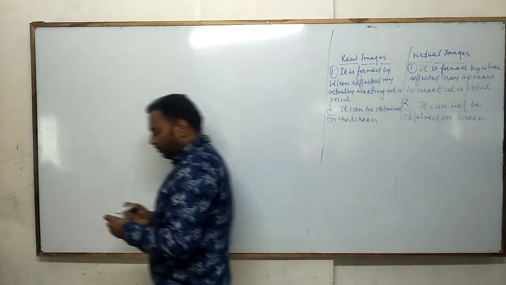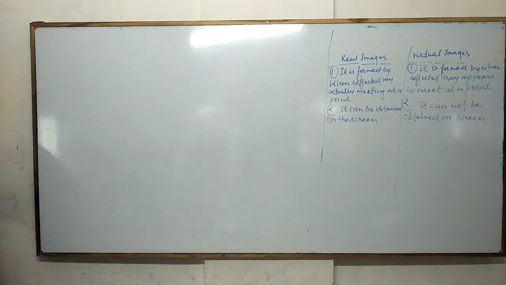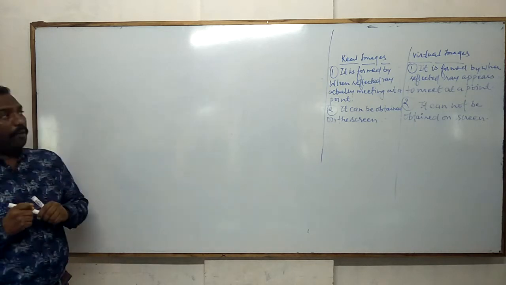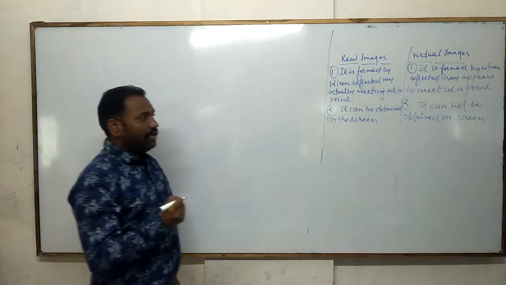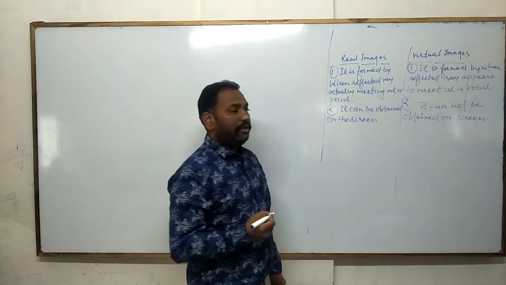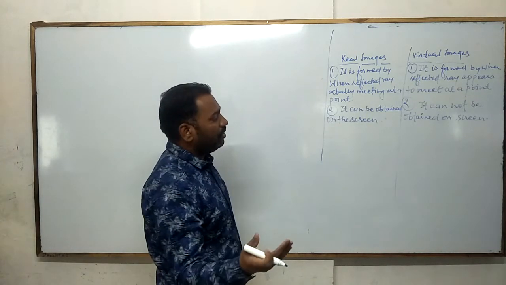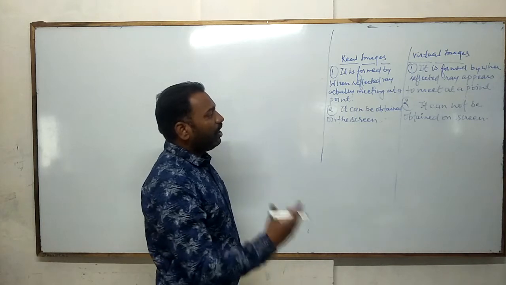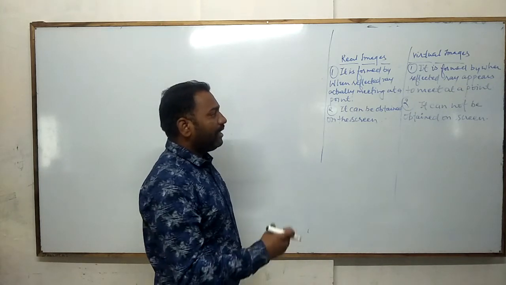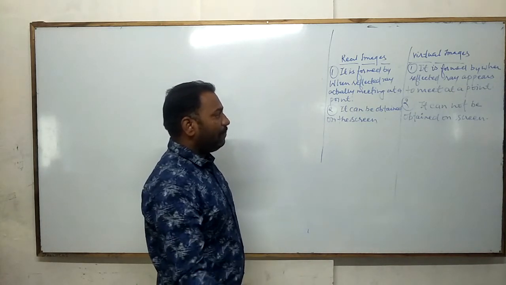It means if there is a white surface or screen, then we can obtain the real image on the screen, but the virtual image, which is formed virtually inside the spherical surface, cannot be obtained on the screen. We can only see it as appearing.